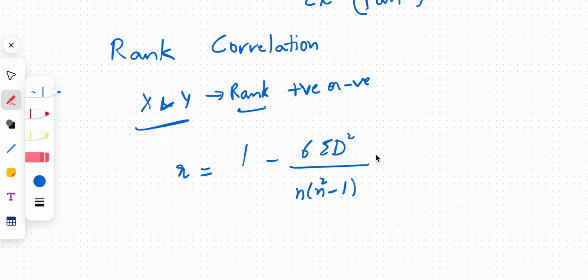Very rare chance, but just in case, let me just confirm. I think this is the formula. Yeah, this is the formula.